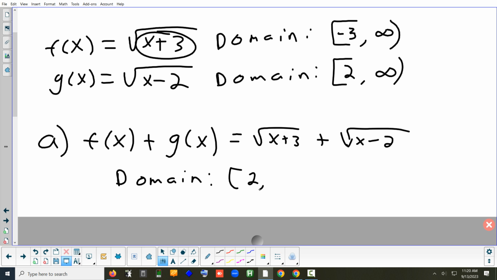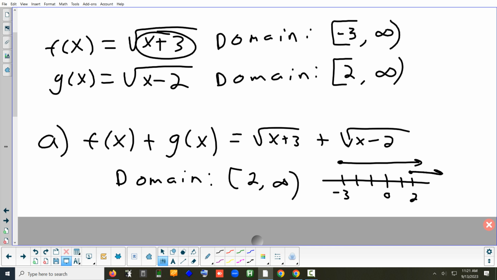It's 2 to infinity. So the domain of the top one, if you want to think of it like on a number line, is everything from -3 and up. The domain of the bottom one is everything from 2 and up. So the question is, where's the overlap? 2 and up. That's your overlap.